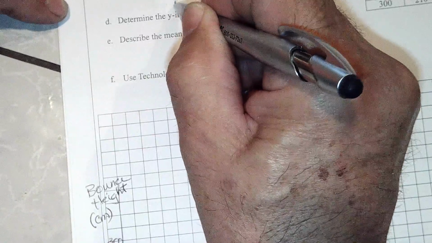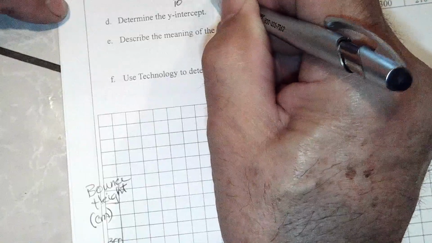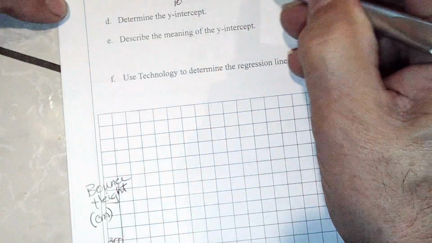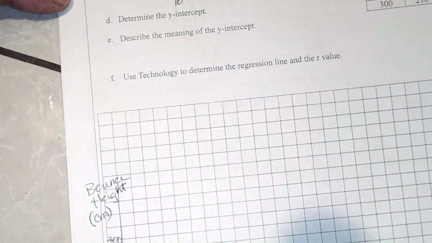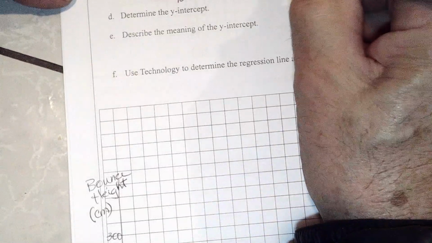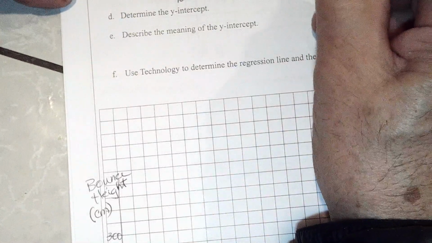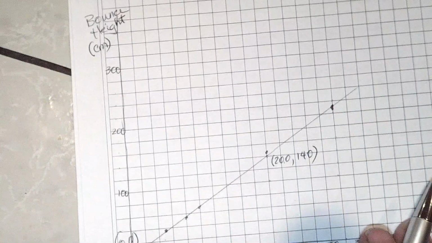7/10 or 0.7. Since both units cancel, there are no units on that. And what does this mean?